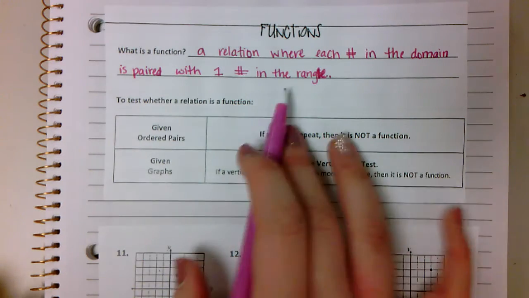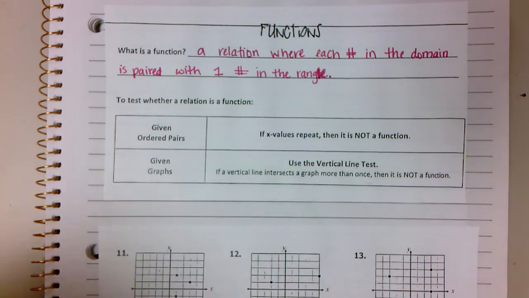I had a misspelling right here. So it's a relation where each number in your domain or your x values is paired with one number in the range or your y values. So there's a way that you can figure out if this is true depending on what you're looking at.